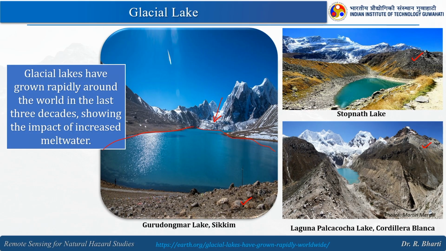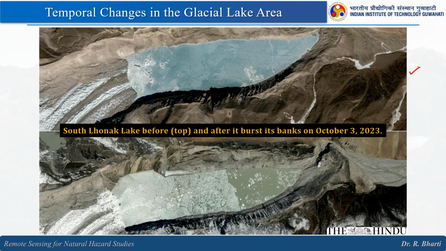And we have also understood in the previous few lectures how important it is to understand the process and the associated hazards and how they can impact our livelihood. This is one example which shows the importance of monitoring glacial lakes. This is from South Lhonak, and this lake particularly, you see there was a breach here, the GLOF event.